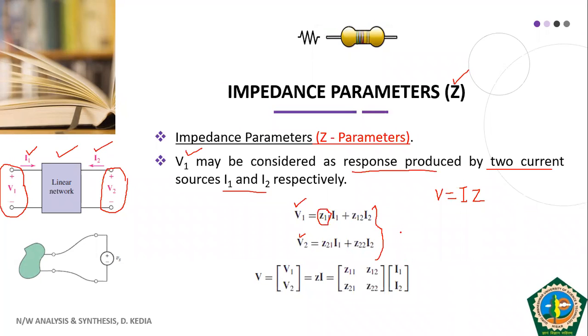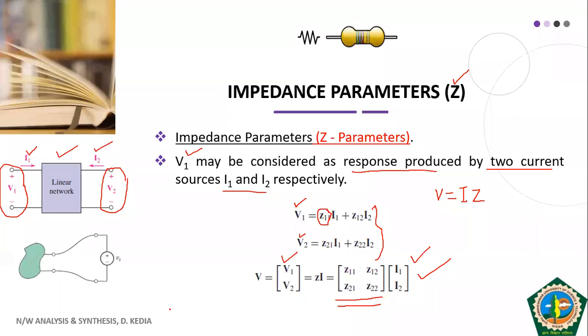So these equations can be represented in the form of matrices, as we discussed for admittance parameters also. So the first matrix is the column matrix V1, V2. This is your 2 by 2 Z parameter matrix, that is Z11, Z12, Z21, Z22, and this is your current column matrix.